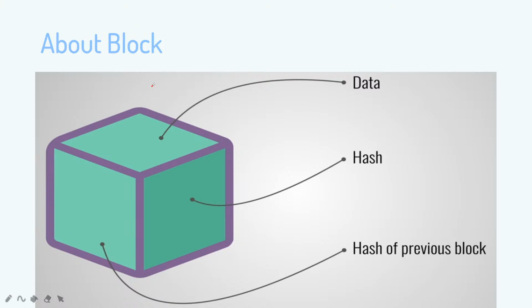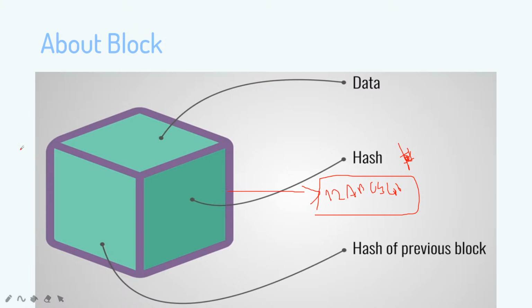We have n number of blocks, and that is called a blockchain. For one block, there will be a hash value like 1, 2, A, B, C, 3, 4, 6. This hash value is for this block.